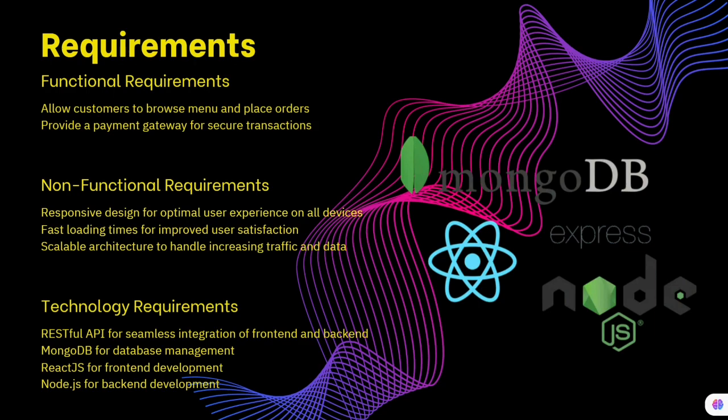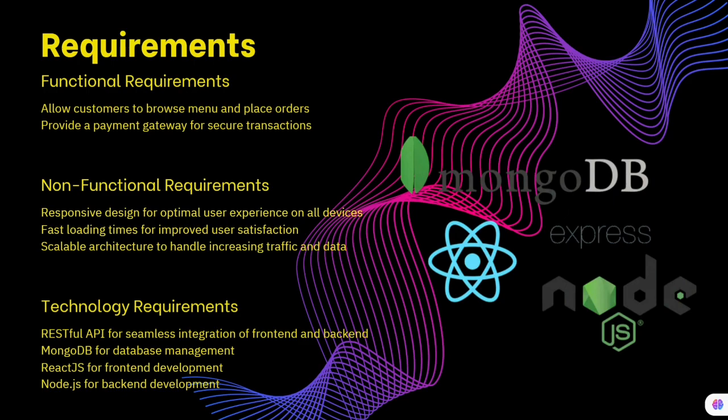Third one is technology requirement. In technology requirement, we have used four technologies: RESTful APIs, MongoDB, React.js, Node.js. RESTful API stands for Application Programming Interface, which is used for fetching data from the backend or from any site to the front end for the users' output, and it should be seamless.